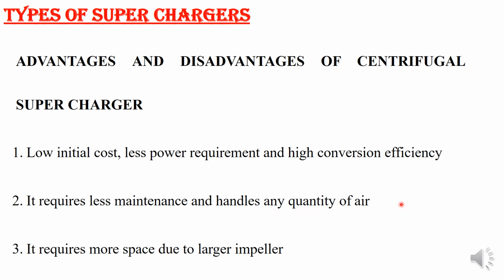It requires more space due to the larger impeller. So this might be the one disadvantage you may take, that it requires more space due to the larger impeller, compared to other superchargers. So these are the advantages and disadvantages of the centrifugal supercharger.